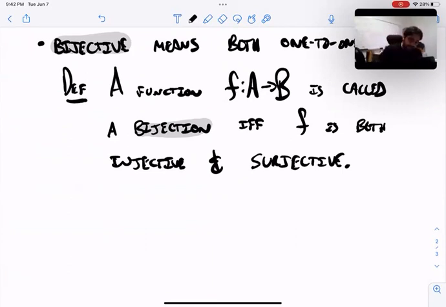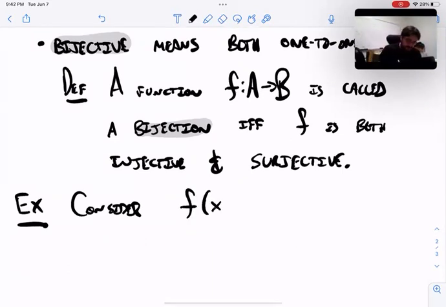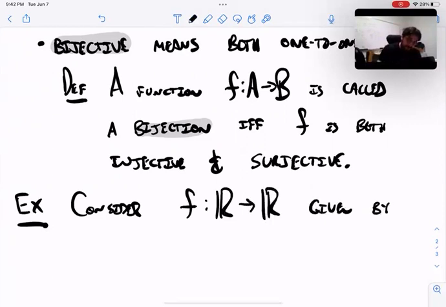So let's now look at an example. Let's consider f to be a function that maps the real numbers to the real numbers, and let's say f is given by the rule f of x equals arctangent of x.